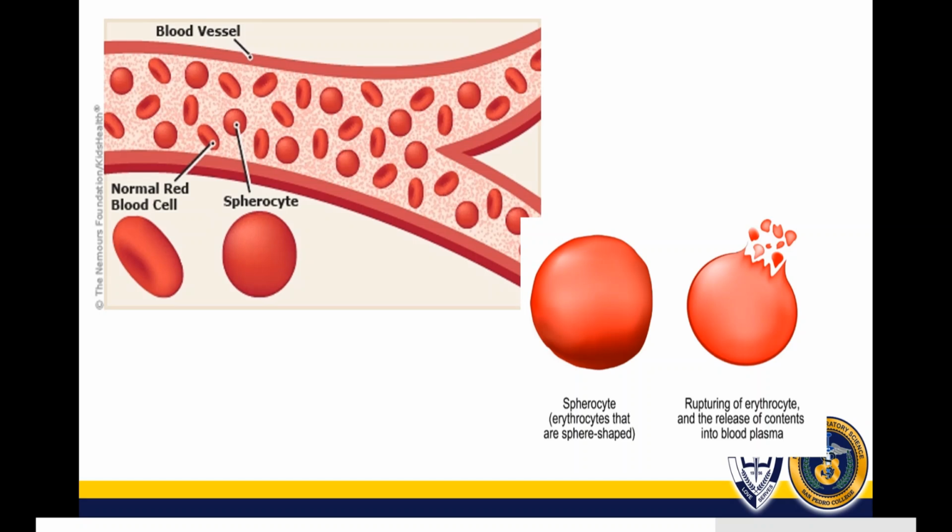But a spherocyte, because it is already spherical in shape, cannot expand as much. And because it cannot expand that much, the cell will be subjected to a premature rupture. Again, I term this premature rupture because this kind of cell has not yet served its entire lifespan before hemolysis.